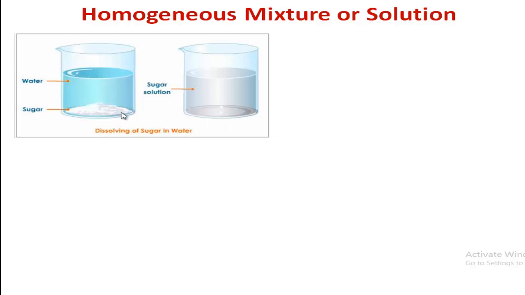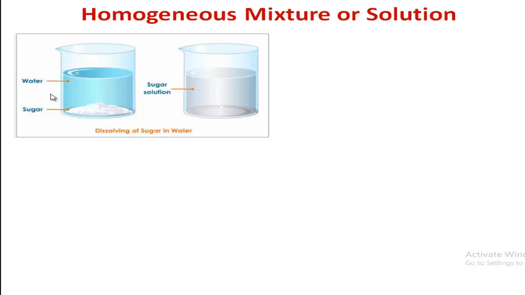At first we will take some water inside a beaker or in a glass, and then we will add some sugar, and while stirring we will prepare sugar water solution. So my dear students, you can see to prepare a solution, generally two components are needed.